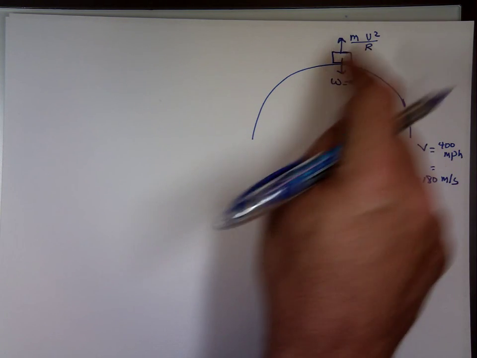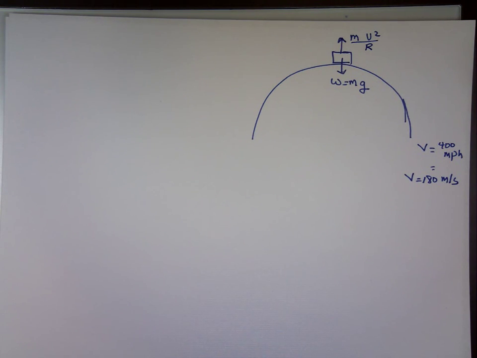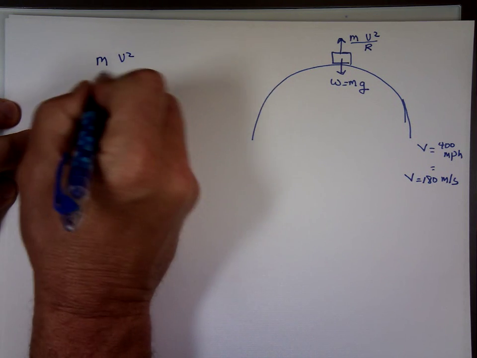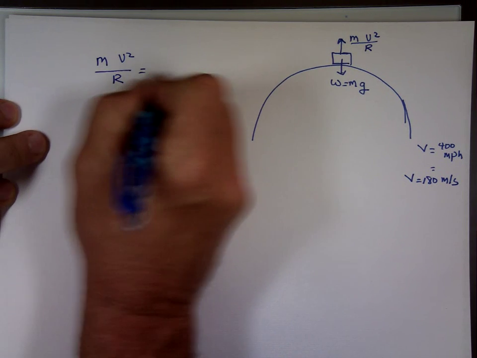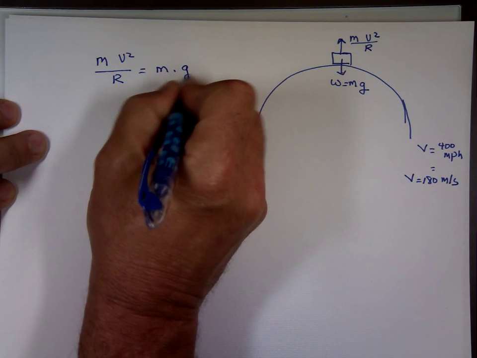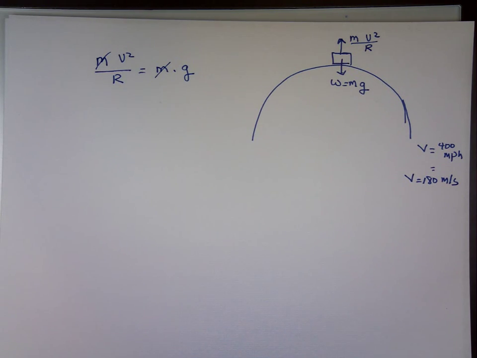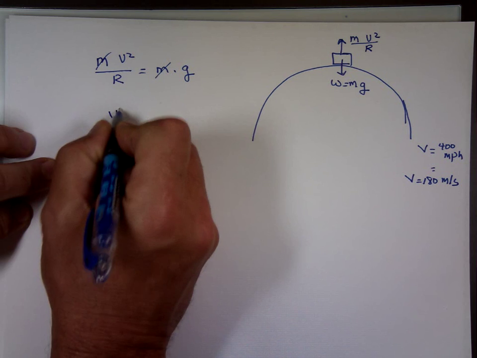Nobody's pulling on you, and that's why you float. If you set them equal, notice the mass becomes no factor. We don't care how much the plane weighs or who's in it; they cancel each other out. You get v squared over r equals g.